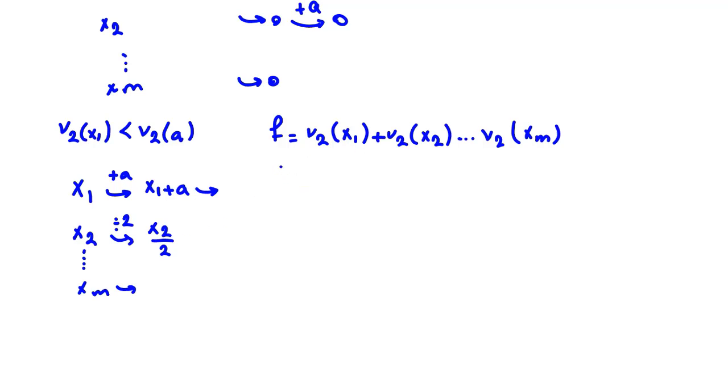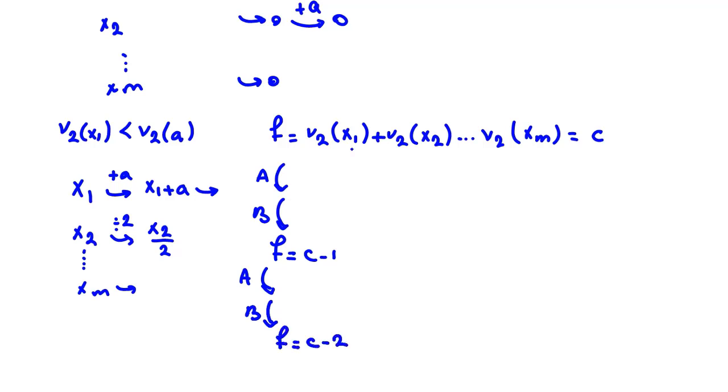So after Alice plays and then Bob plays, for example, suppose f is c. In this step, f will be c minus 1. Again, it is not important what Alice does, what Bob does. Again, f will be c minus 2. And f cannot be negative, because if all of them are odd, f will be 0.